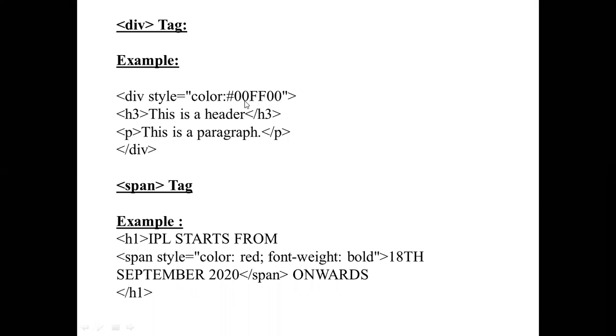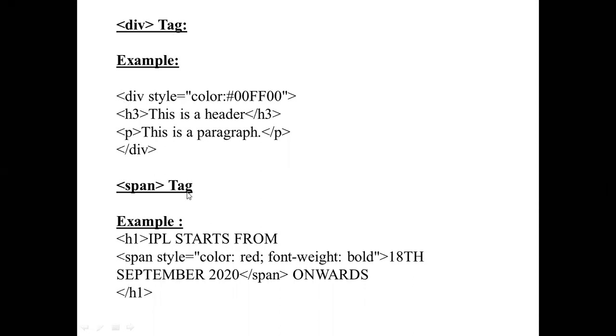If you place 0000FF, it is blue. RR, GG, BB. In the next class we will see these color properties. The div tag defines the HTML code in different sections and we apply style to each section. The div tag is a block container.